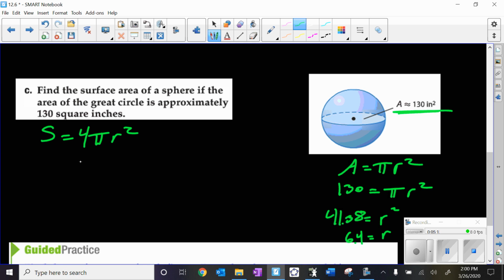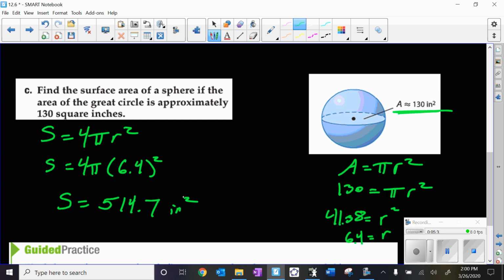Now that you know what your radius is, you can go back to your original, plug it into your surface area formula, and your calculator will give you approximately 514.7 inches squared for your surface area.